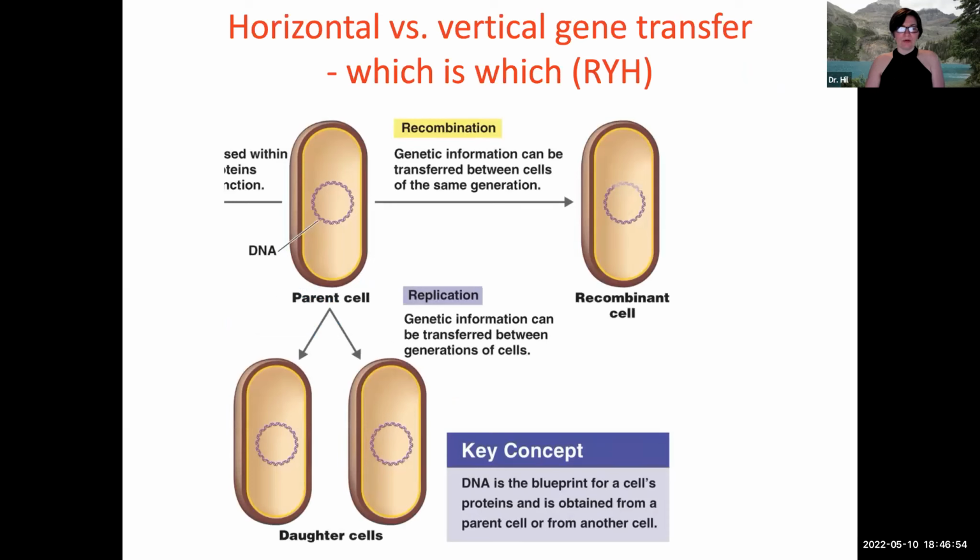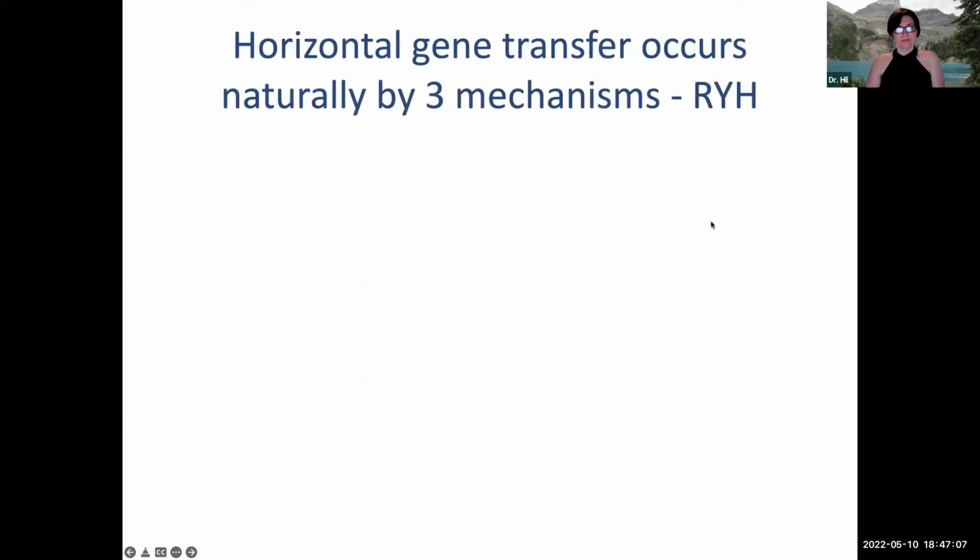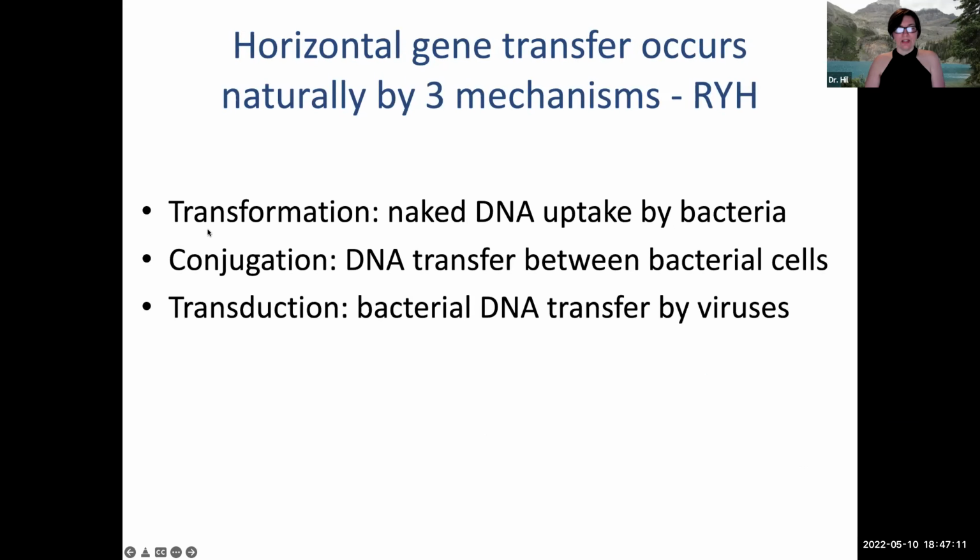All of them are so-called horizontal gene transfer events as opposed to vertical transmission of DNA from parent to child. So horizontal is sort of peer-to-peer. All right, transformation is defined as the naked DNA uptake by bacteria.